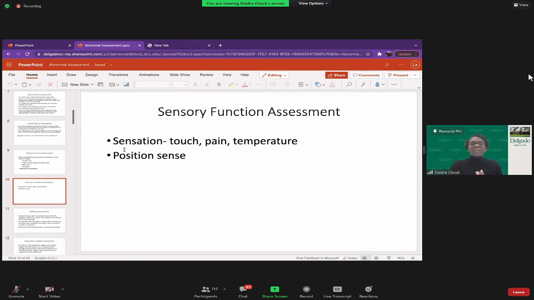But on your average everyday persons, we're not going to be doing these full assessments. You're not going to be pulling out cotton swabs or sharp or dull objects and testing patients every day. That's just not what you're going to do. When you go to clinic with your instructor, I'm quite sure they won't expect this. So this is not done on everybody, and it's always going to be situational.